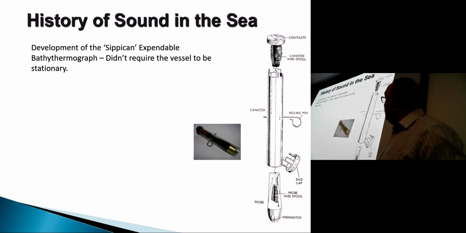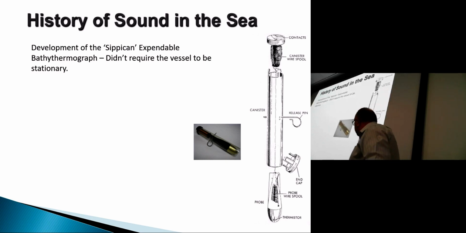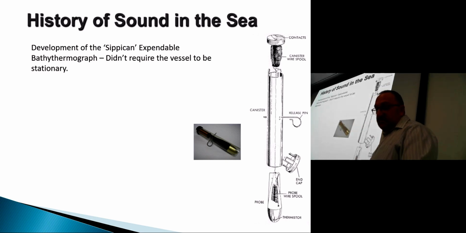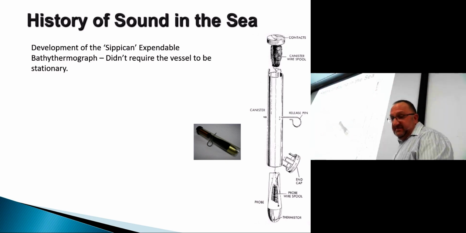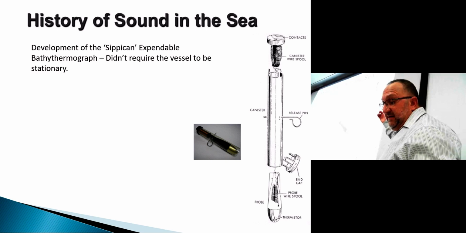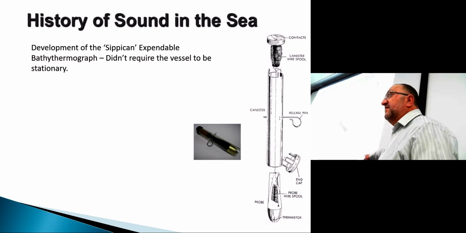The probe itself falls freely at 20 feet per second. There's a lead weight or a brass weight on the end, and it provides a temperature depth trace to a recorder which is back on board the ship. There's a pair of very fine copper wires, which pay out from both the shipboard end and also the end that's free falling through the water.